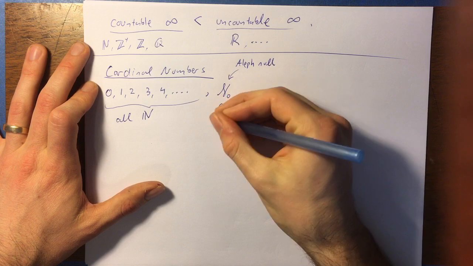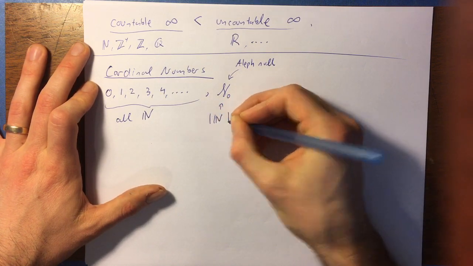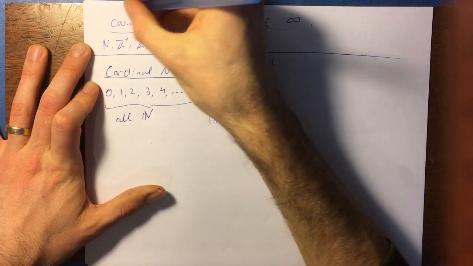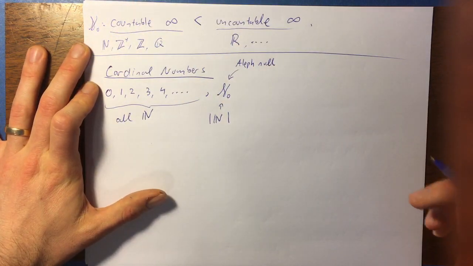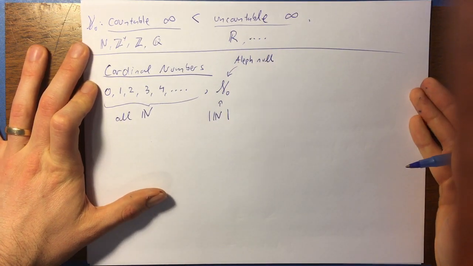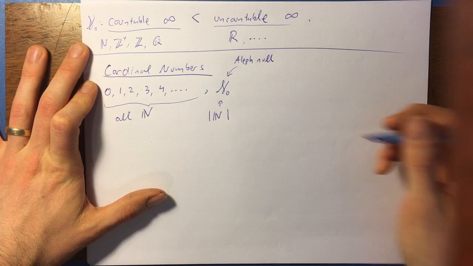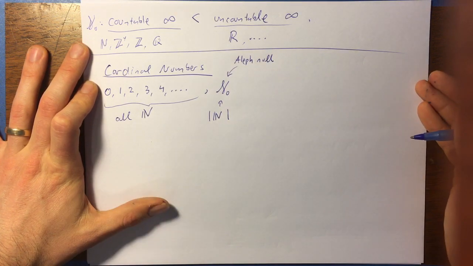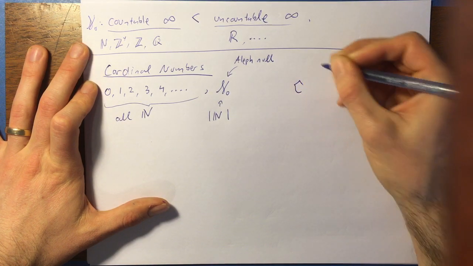This is countable infinity, the cardinality of the natural numbers. Uncountable infinity includes everything bigger than that. If there's any cardinality bigger than that, it's called uncountable. So everything beyond this.